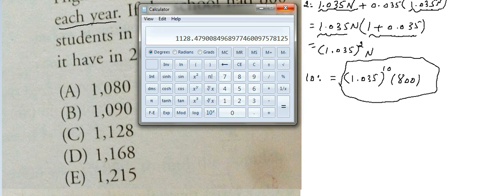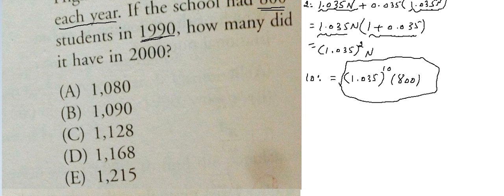For sure we are not going to take the decimal, because we are searching for a number of students. So it's 1128, and the correct answer is C. Okay, let's go to the second exercise.